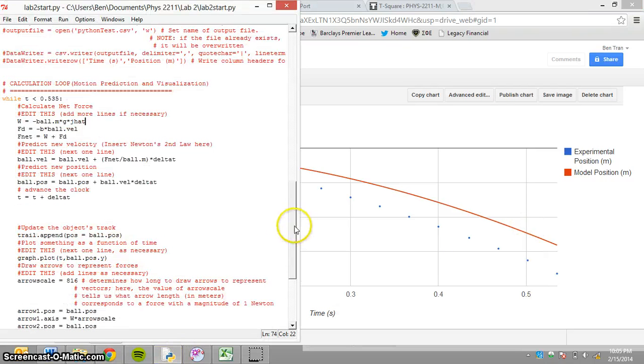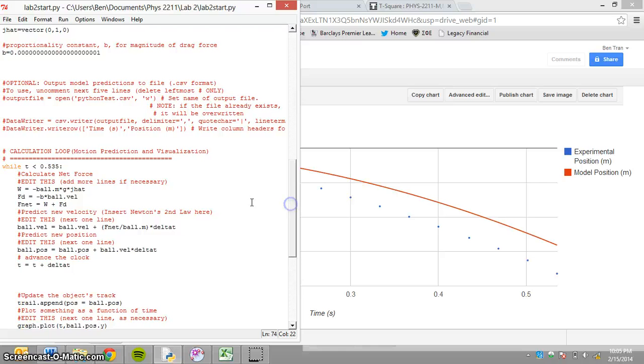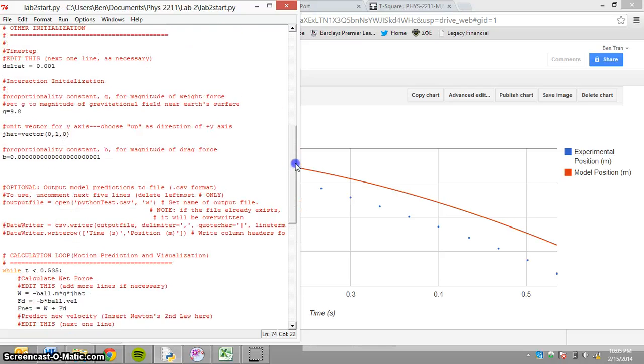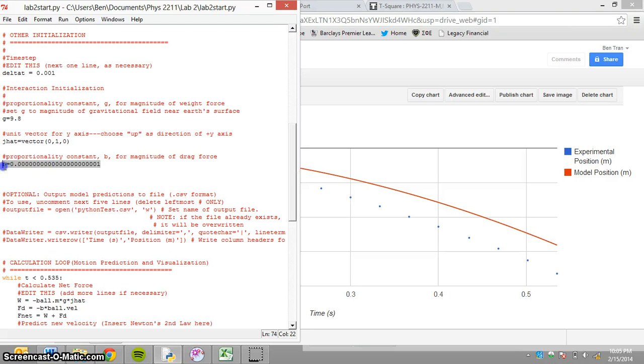So in my function right here, the drag force is negative b times the velocity of the ball. So I made my b very, very, very small. Here's what the function looks like in VPython when we run it.